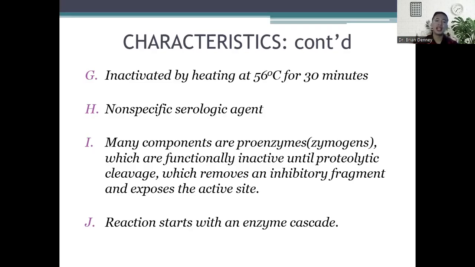And the reaction starts with an enzymatic cascade. Question, the complement proteins are activated in what manner? In a highly regulated manner. Why? Correct, because it follows a cascade or a particular sequence of activation. I will discuss that in detail later. What is that cascade? What is that sequence?